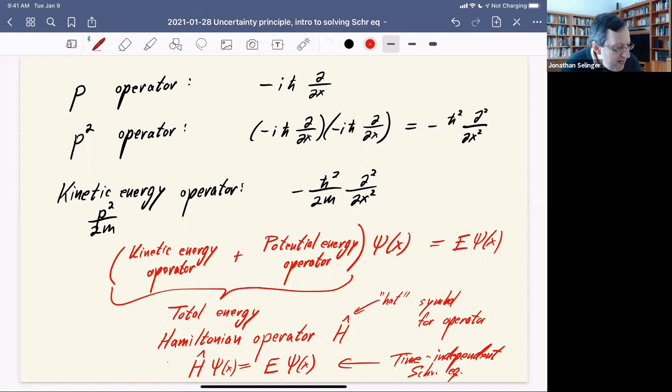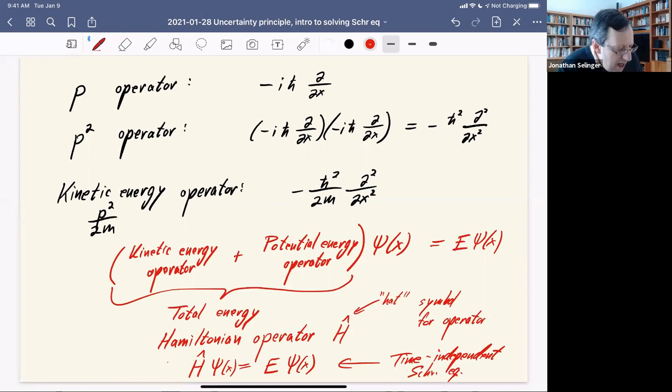So this then is going to be the equation that we want to work with, okay? And we want to solve it for specific potential energy functions.